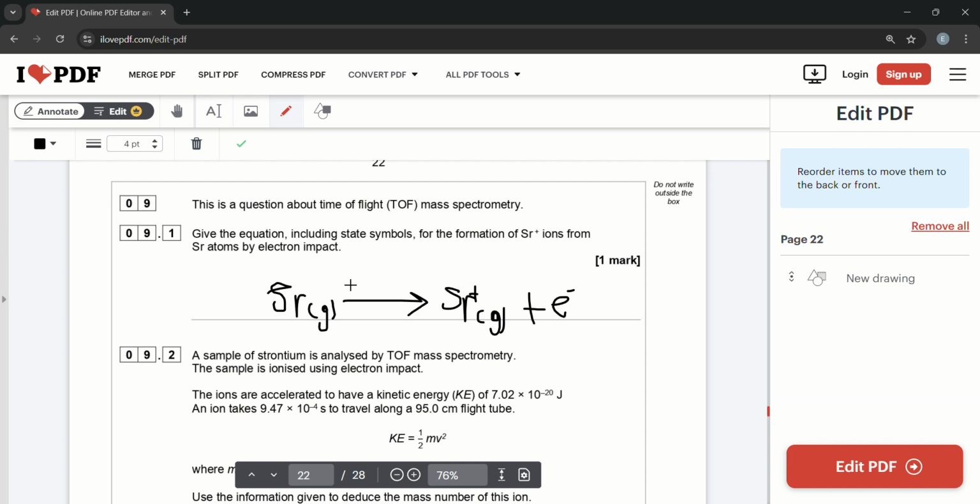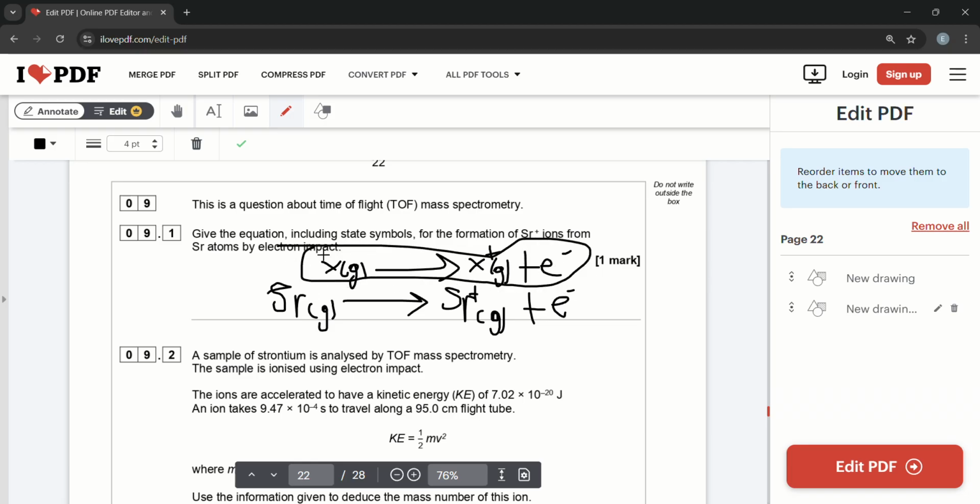Remember, for electron impact ionization, the equation is X(g) → X+(g) + e−. In this case, we've got Sr(g) → Sr+(g) + e−.